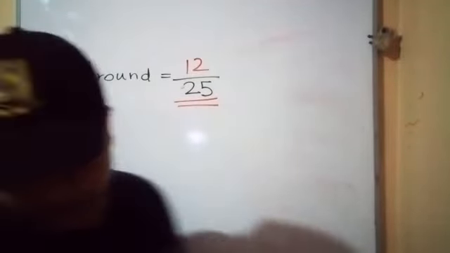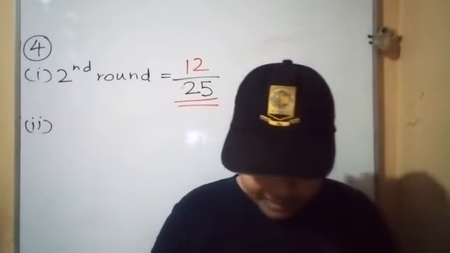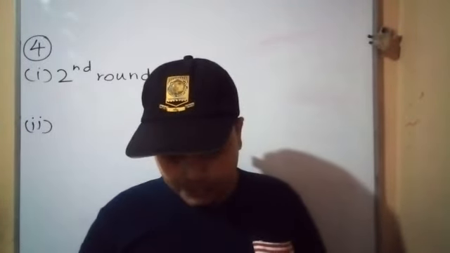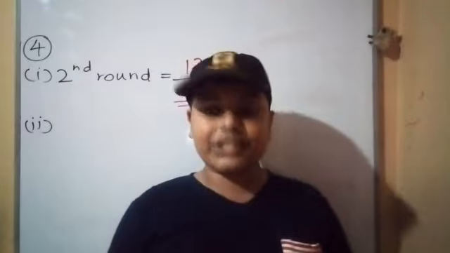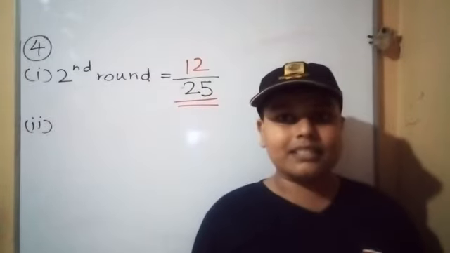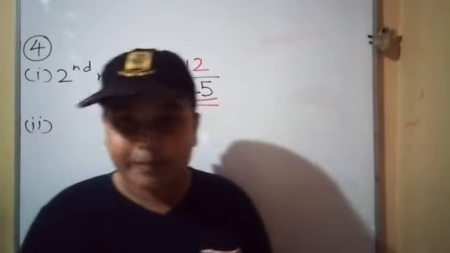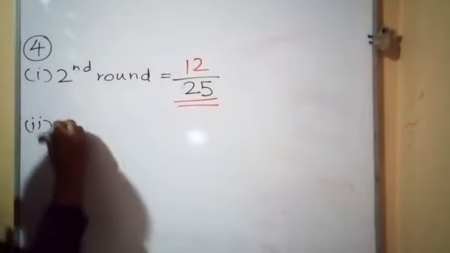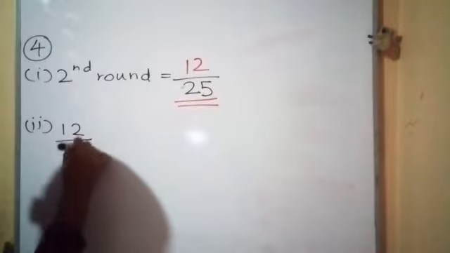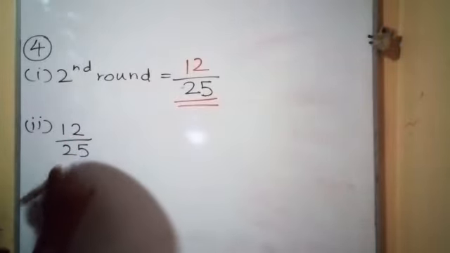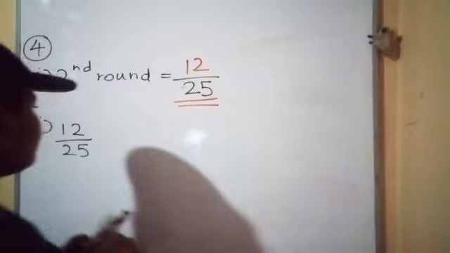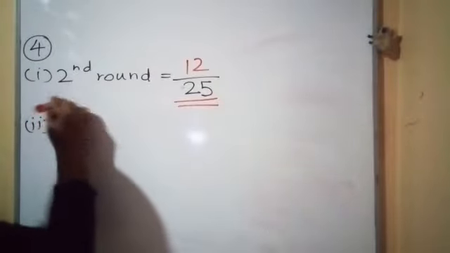In the second question, express the number of contestants who qualified for the second round as a percentage of the total number of contestants. So now 12 over 25. There are two methods to get that. Let's do the first method.